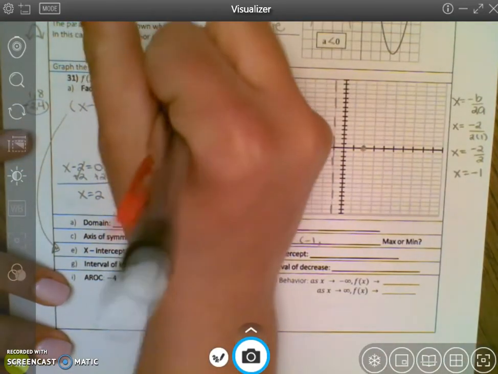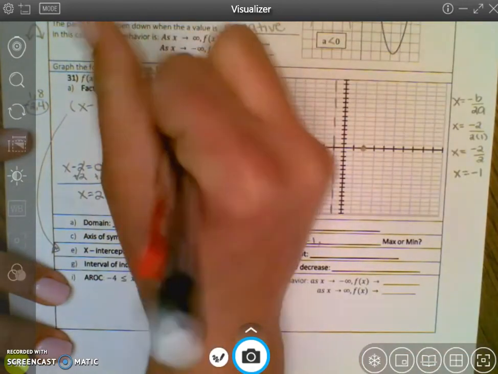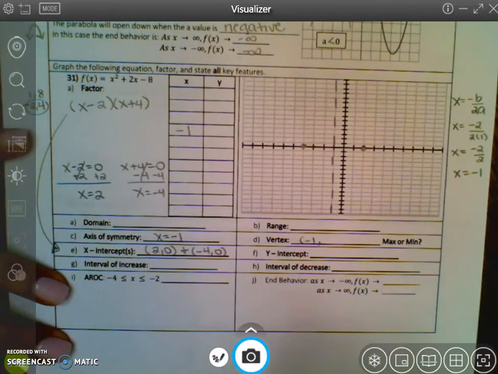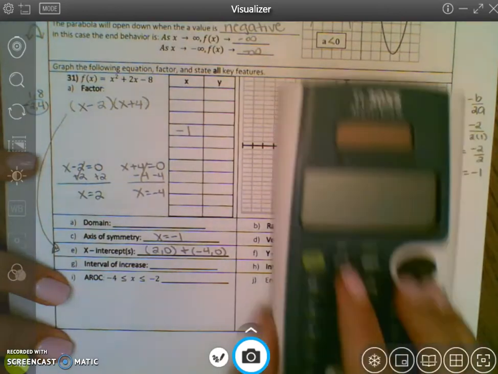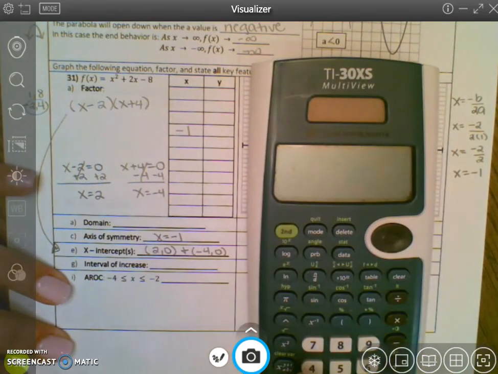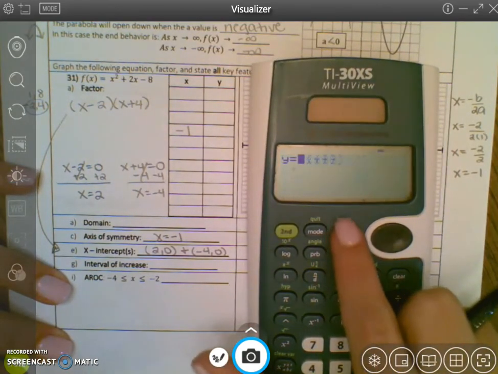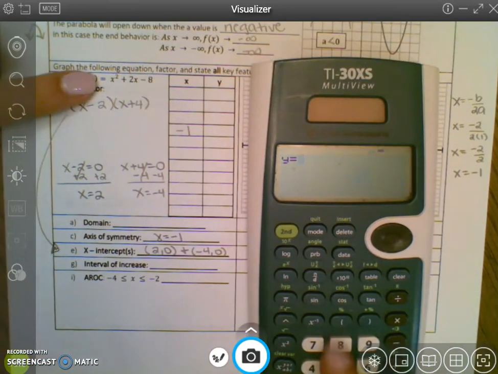Let's use the table. So if I plug in negative 1, and I'm just going to show the table so we can use it later. It is, let's see, x squared plus 2x minus 8. Start at 0.